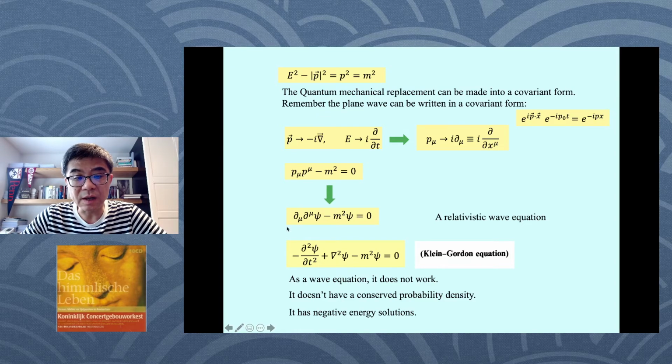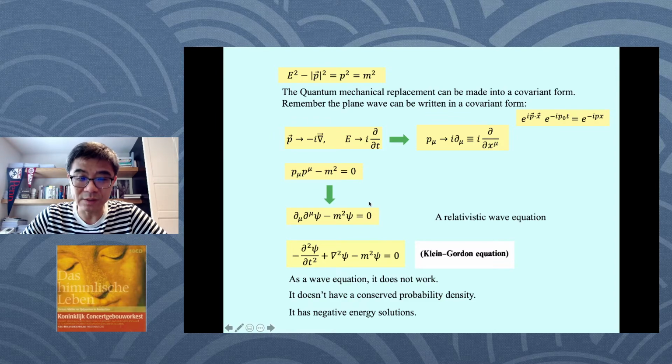Again, these are only operations, so they need to act on something. Here, that something, of course, is the wave function. Therefore, you arrive at a relativistic wave equation, partial mu partial mu psi minus m squared psi equal to 0. This is the original Schrodinger equation.